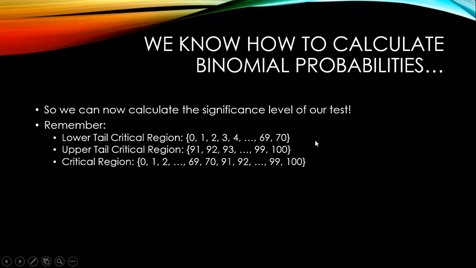Remember, the critical region is the set of numbers that would lead us to reject H0. So 0 brown-eyed people, 1, 2, all the way up to 70 in our lower tail critical region, and then in our upper tail critical region, 91, 92, 93, 94, 95, 96, 97, 98, 99, 100.